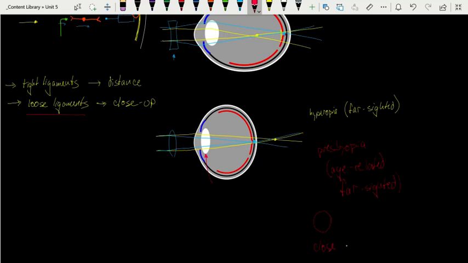But with age, what happens is that stays in its elongated form, and now you just can't see close up anymore. And so you get reading glasses or something like that to help deal with the fact that the lens itself is no longer pliable and won't bend back to its original shape.